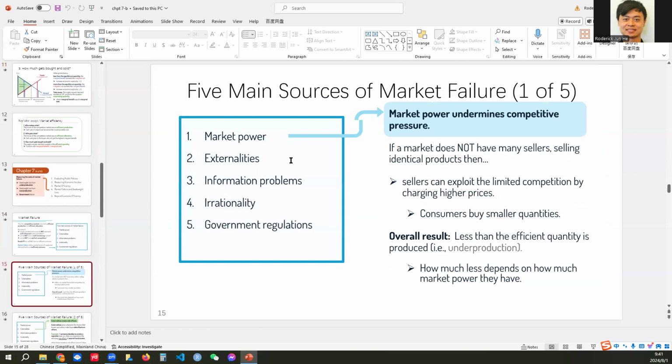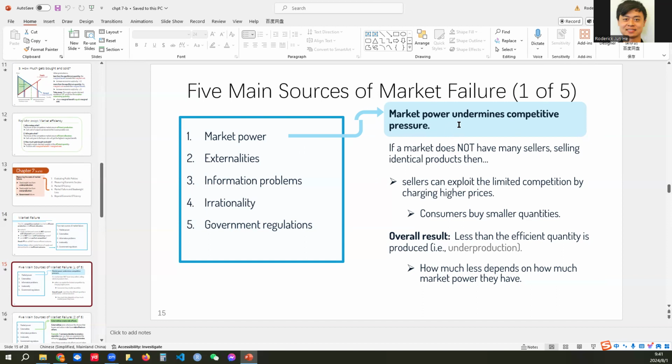Okay, so there are several concepts. The first one is market power. Market power means a lack of competitive pressure. Think about monopoly, right? If a firm is the only one on the monopoly side of the market, this firm can now lay back and relax, knowing that all consumers will be going to them anyway. Then there will be quality deterioration.